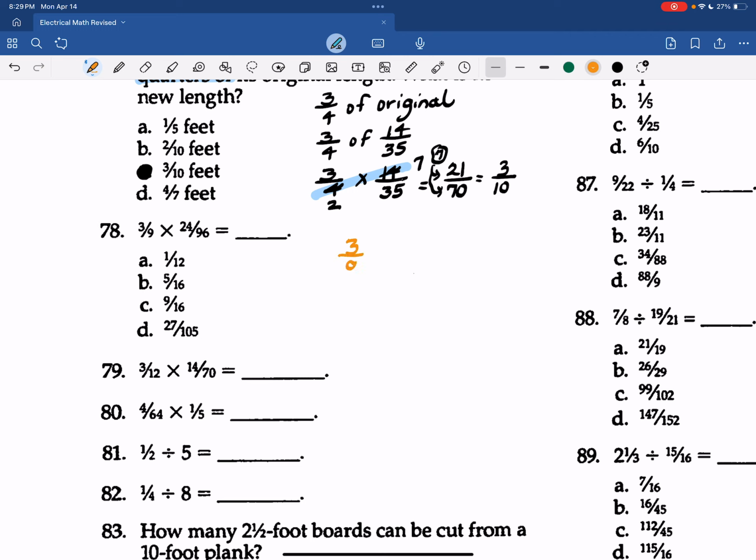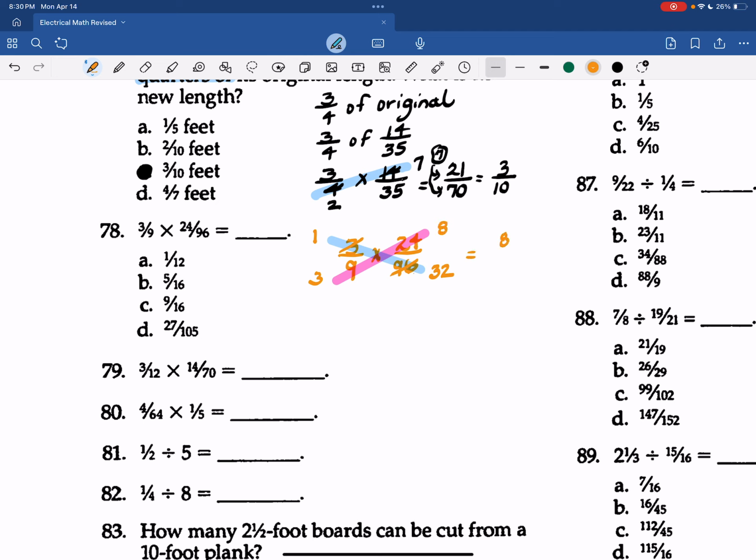3/9 times 24 96ths. We can cancel both ways, actually. We can go this way by 3. So 3 into 3 is 1. 3 into 96 is 32. And we can also go this way by 3. 3 into 9 is 3. 3 into 24 is 8.